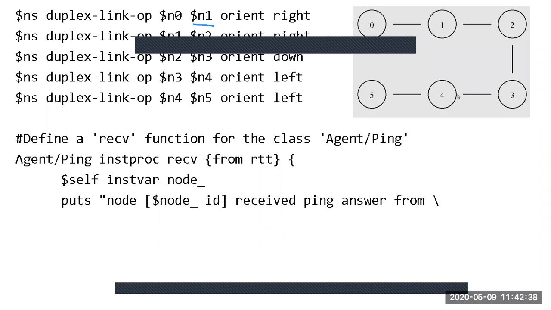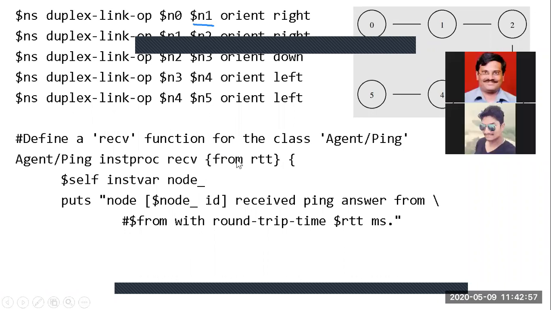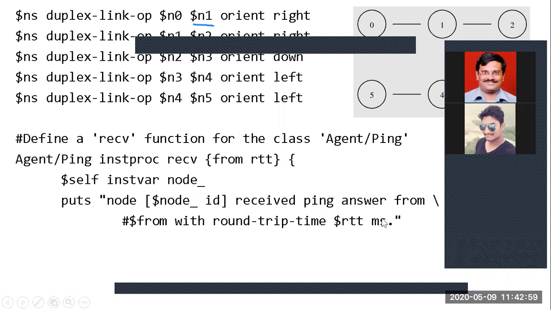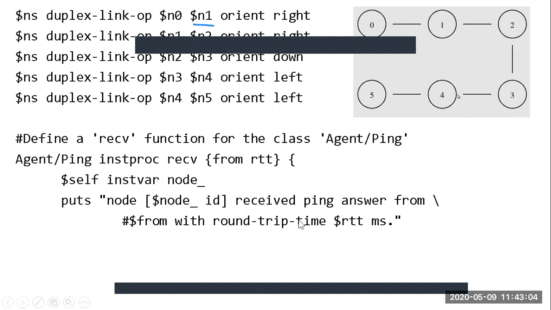Next, put node ID. Node ID is the current node, which receives the ping answer from $from. $from is the node which you are targeting. Round trip time is automatically calculated and displayed. So this RECV function is a built-in function.